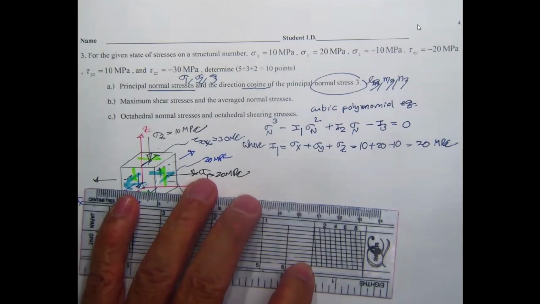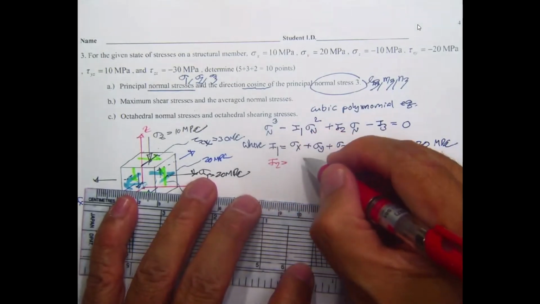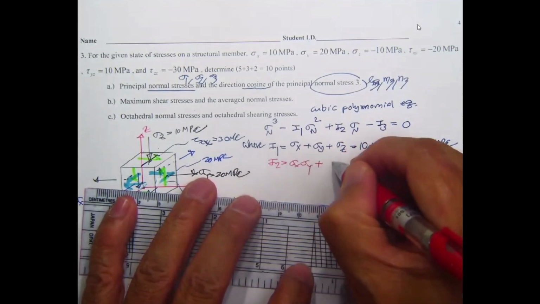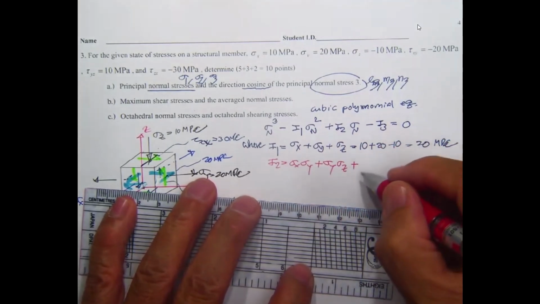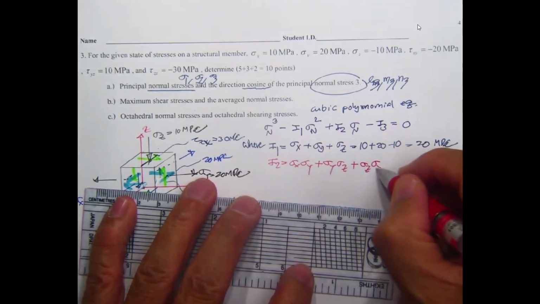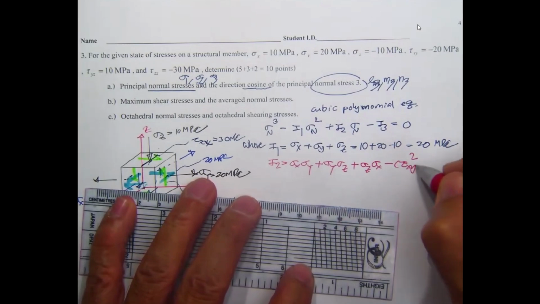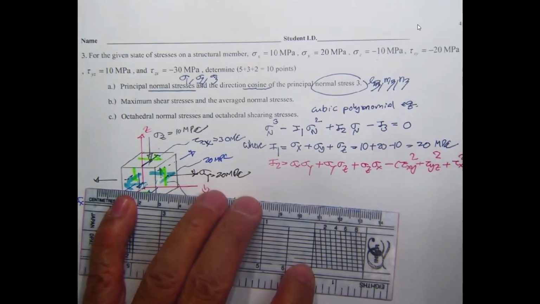Then for I2, you also have the equation: sigma x times sigma y plus sigma y times sigma z plus sigma z times sigma x minus tau sub xy squared plus tau sub yz squared plus tau sub xz squared.